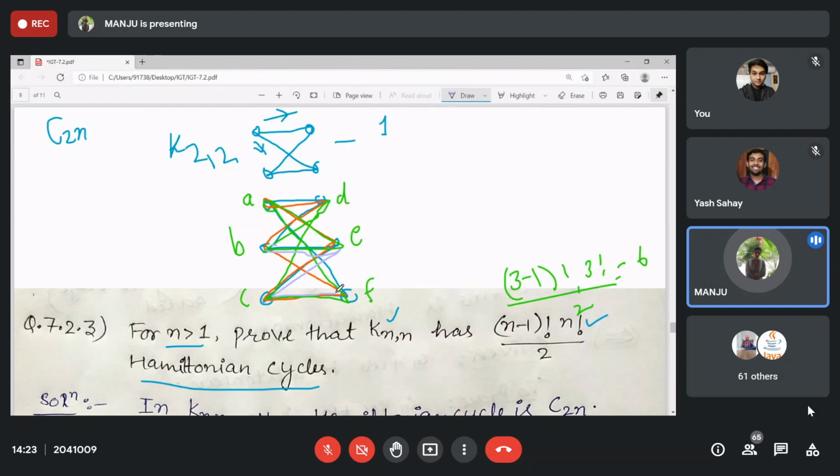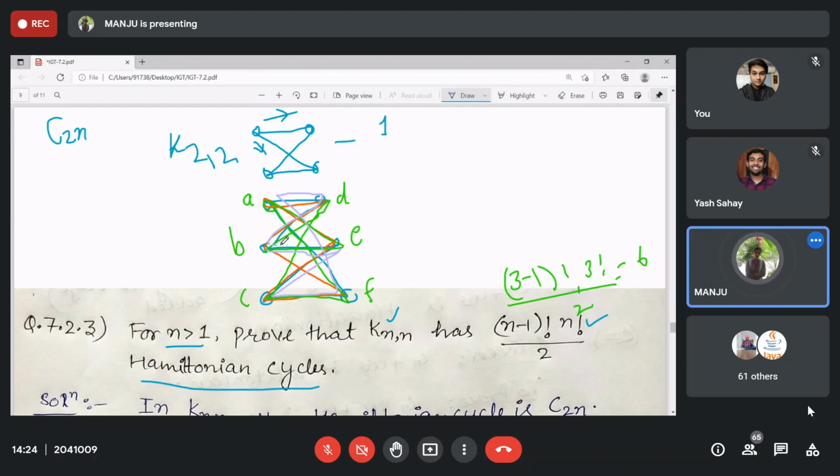Am I tracing the same path or different? Different, na? Yes, different, because the green one was following the same path and we have taken a different one from here, right?